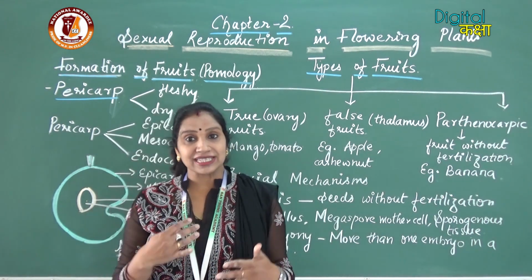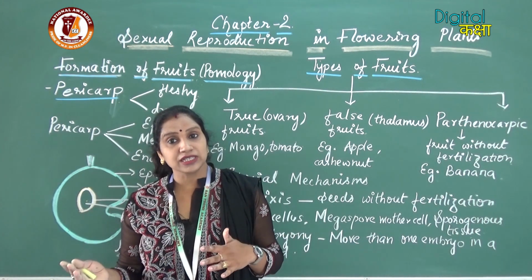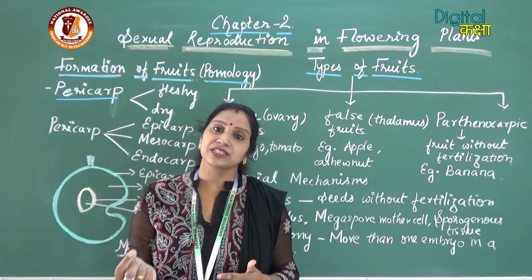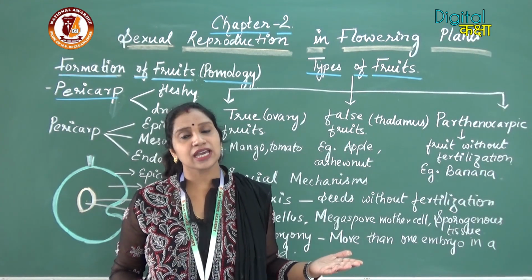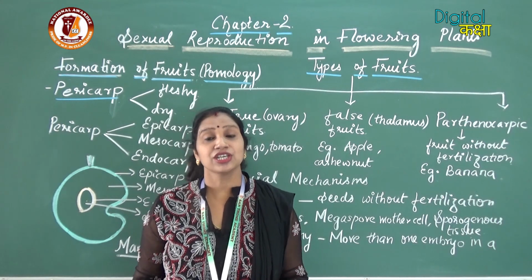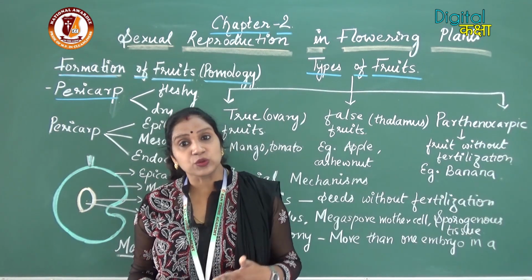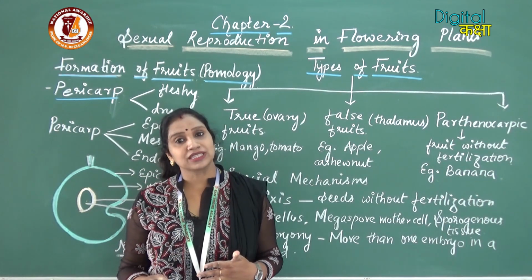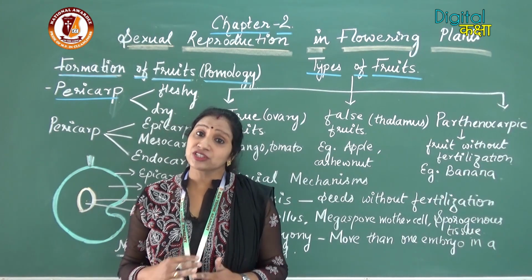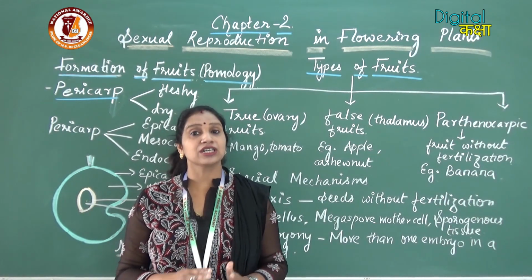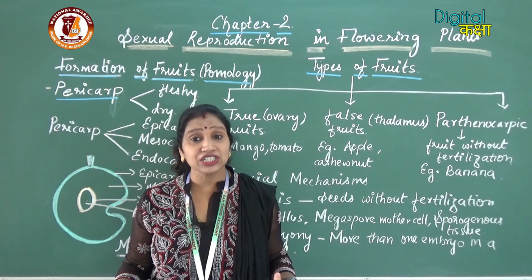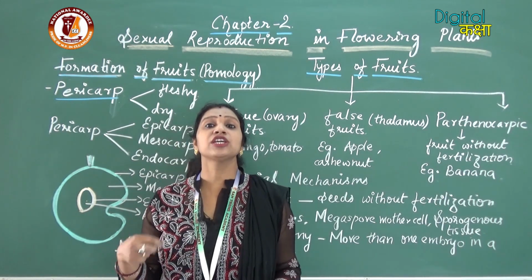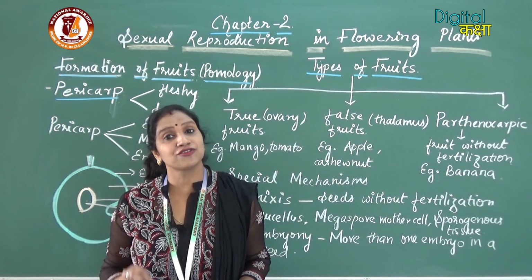In market you can get the grapes. In some type of grapes, the seeds are there. In some type, the seeds are absent. So, the seedless fruits, they are the parthenocarpic fruits. So, as no reproduction has occurred, or we can say as no fertilization has occurred, so there will be no seeds inside the fruit.